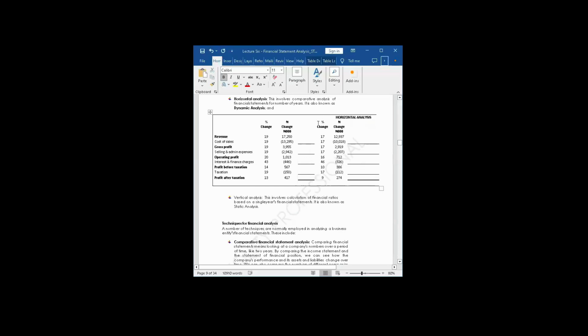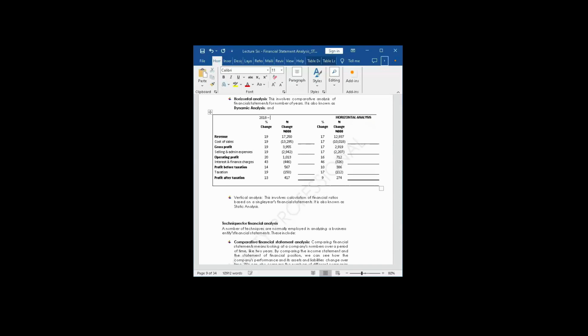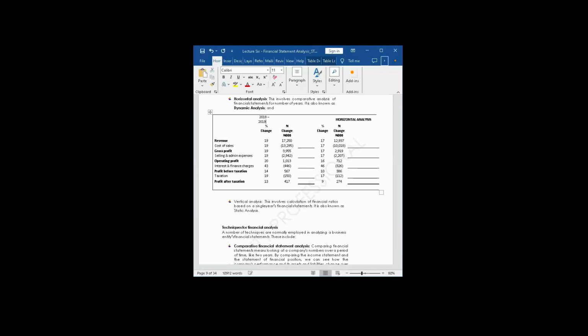This is the trend between 2017 and 2018, and this is 2018 to 2019.